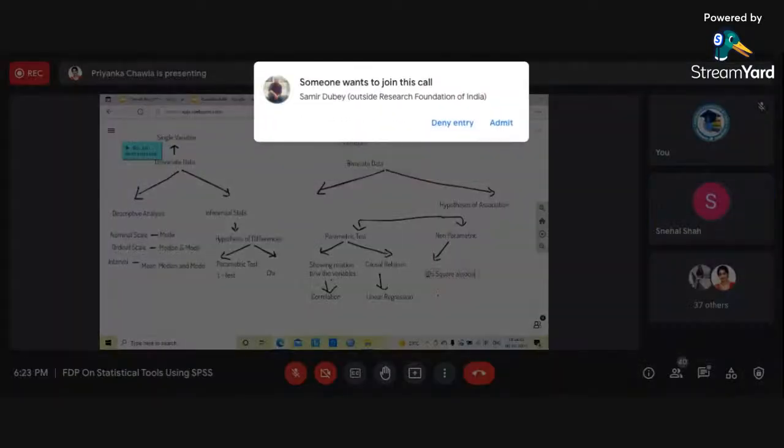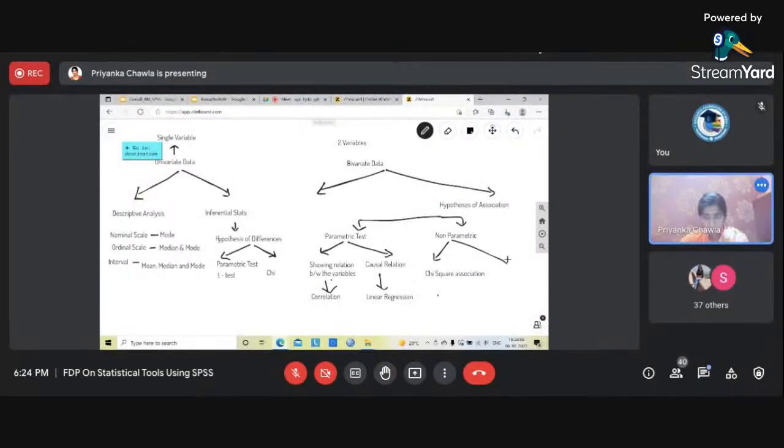Okay. If it is showing causal relationship, Spearman rank correlation, under ordinal data. Now, one by one, we will do these tests.